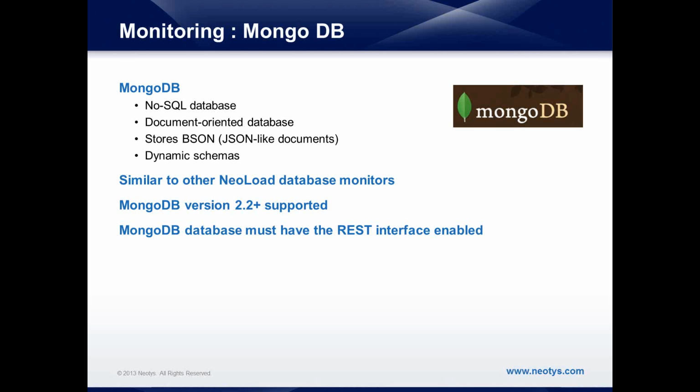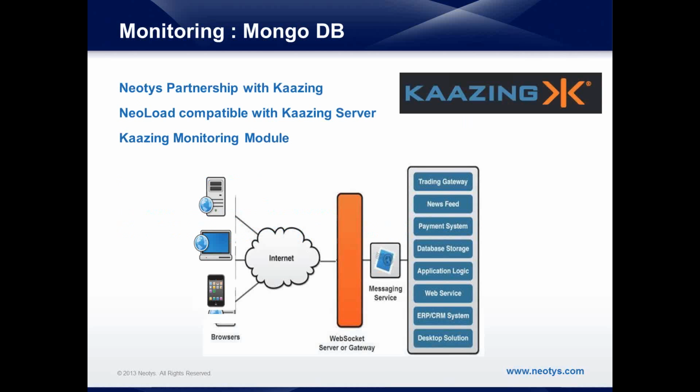So it works pretty much the same as the other NeoLoad database monitors. And you can see the versions we support, 2.2 and onwards. In case you are interested in it, the MongoDB database must have the REST interface enabled. So this is directly on the server.